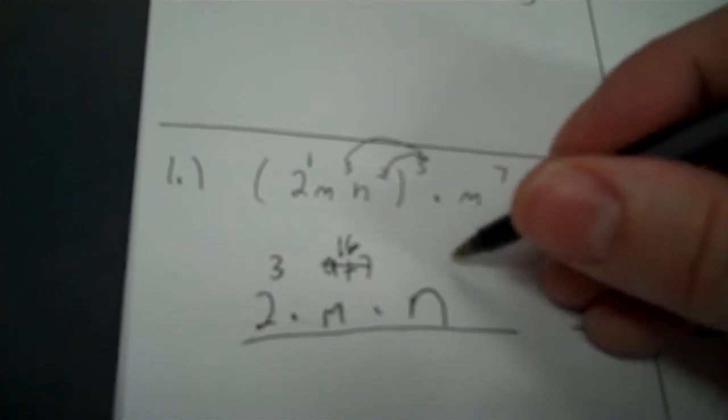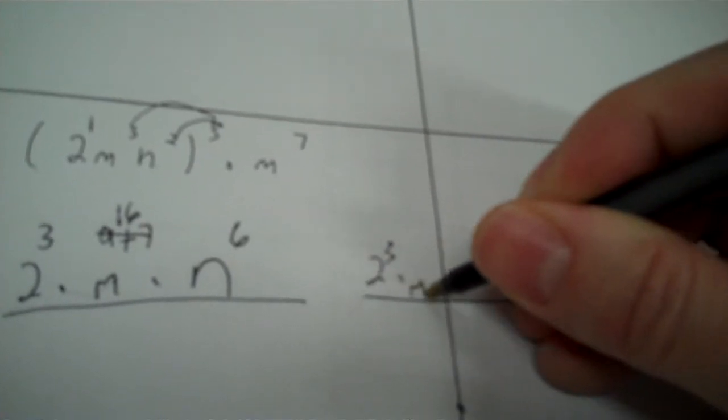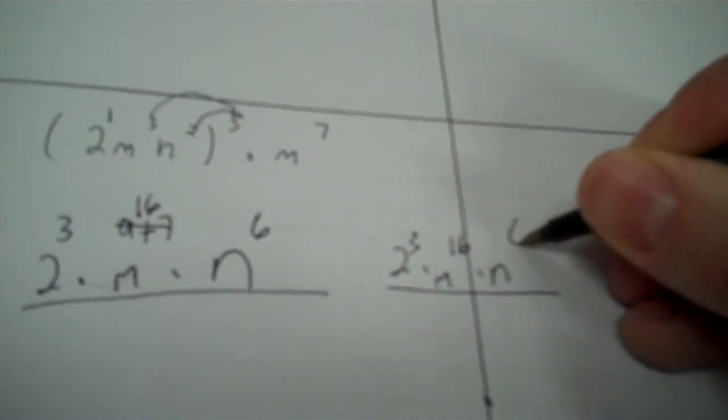Then n, there's only this factor, but we have to raise the 2. We have to take 2 times 3. That's 6. None of these are negatives, so they all stay exactly where they're at. Okay, 2 to the third can be simplified. 2 times 2 times 2 equals 8. So that becomes 8 times m to the 16 times n to the 6th.